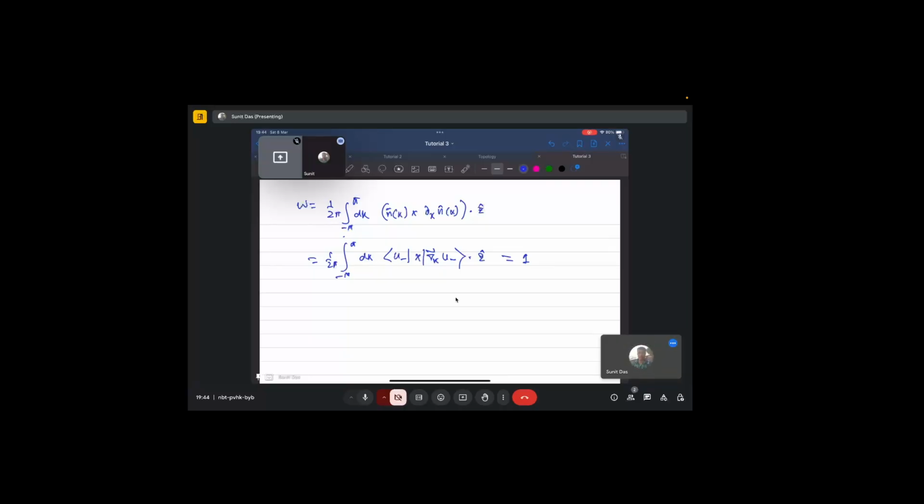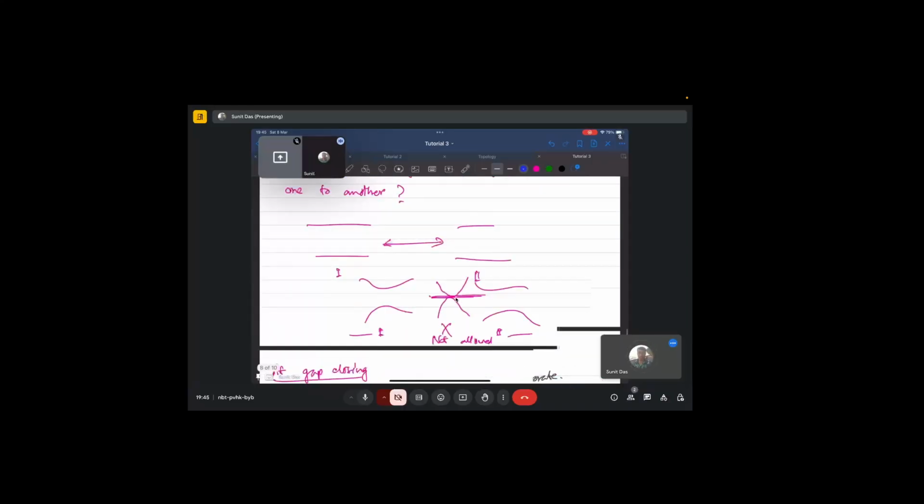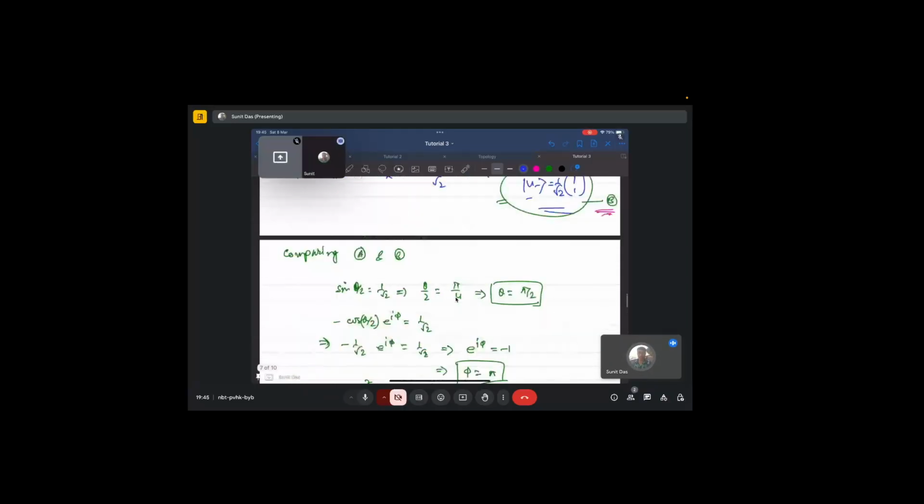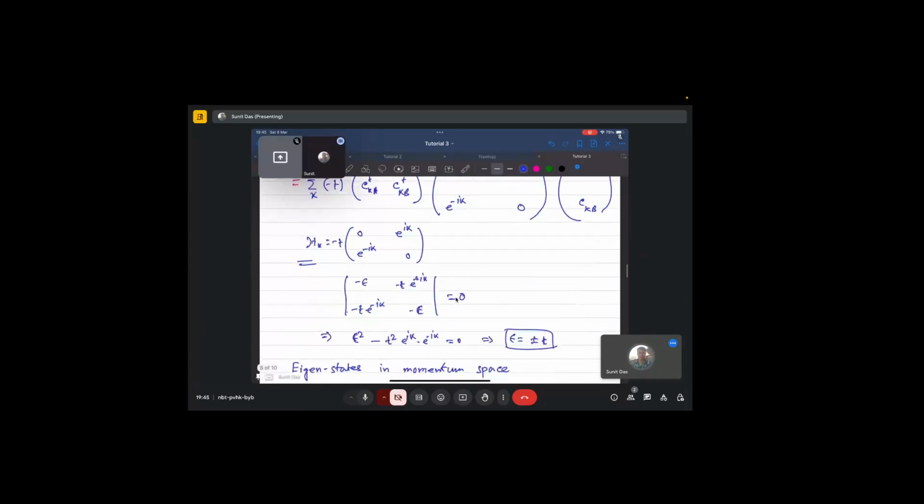I am saying always, I mean there is no guarantee that you cannot go from case 1 to case 2, because if there is a gap in the system, we already have a gap in the system because we are in an insulator. It turns out that another case can be considered where you have on site potential at each of those sites. Remember that the Hamiltonian that we took didn't have any on site potential, let me go to this Hamiltonian.